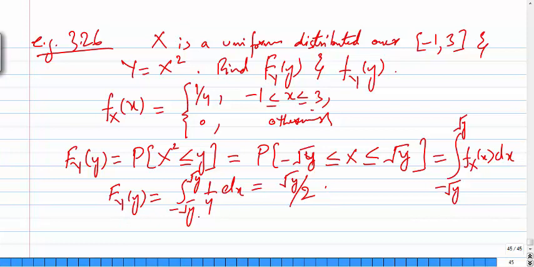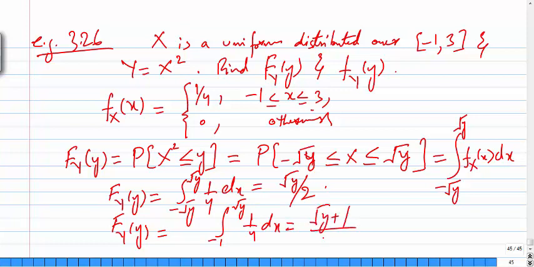For the next part, we have to solve the CDF when we start from -1 and go up to root y. Integrating 1/4 dx, it becomes (root y plus 1) divided by 4.